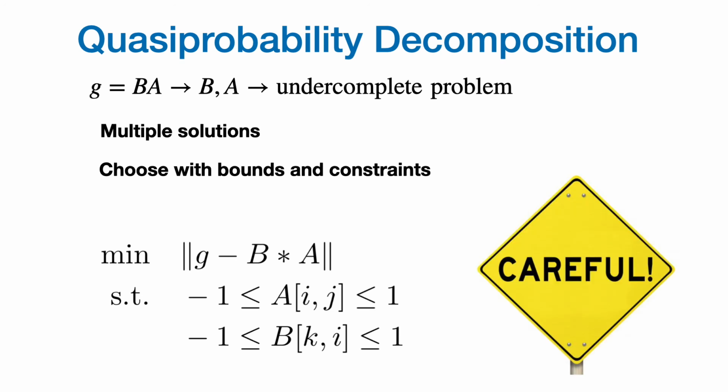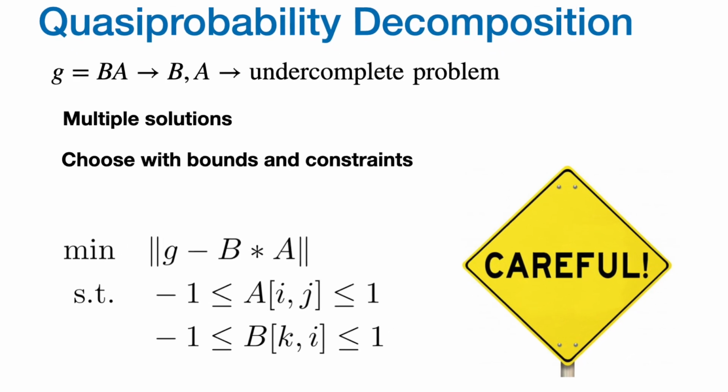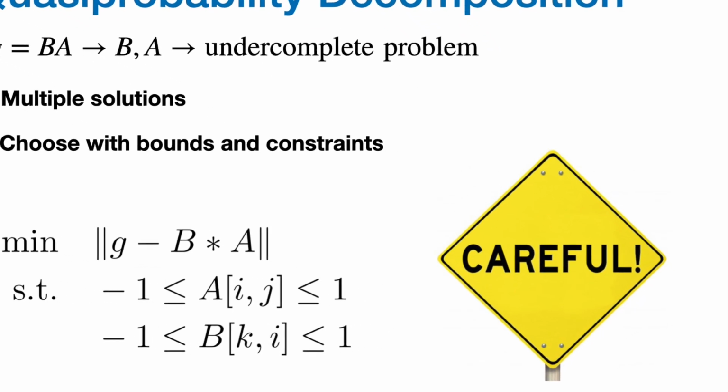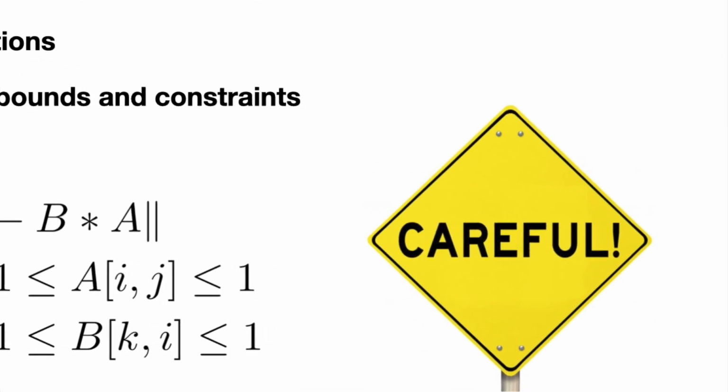We could add more bounds, but we have to be extremely careful with this, because adding bounds or constraints is also another way to manually add information. We should question ourselves, is the artificial information right for a real quantum device? Is that the truth?